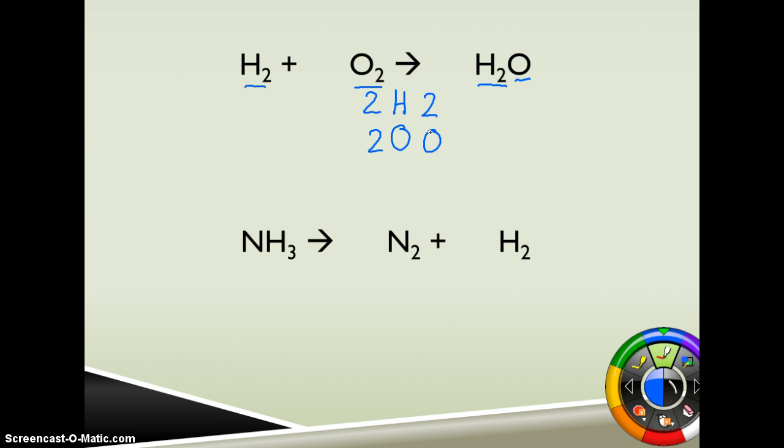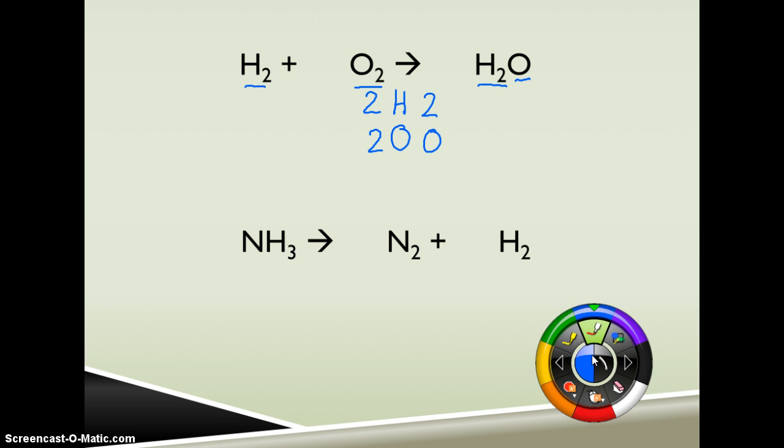So now we need to put numbers in front of the compounds to fix our count. When you put a coefficient there, you're going to multiply by the subscript. Right now the only thing off is our oxygen. So we have 2 over here and 1 on our product side.